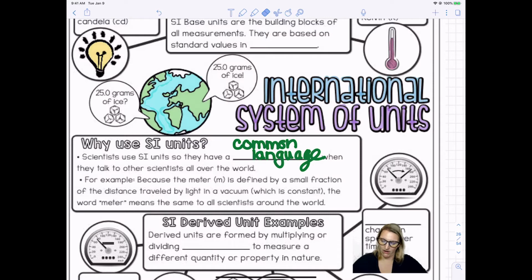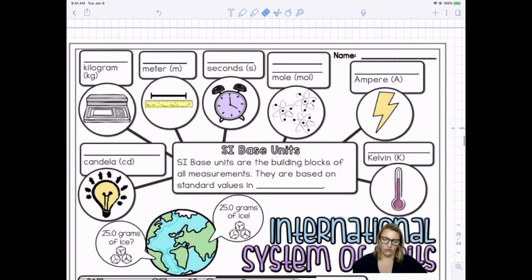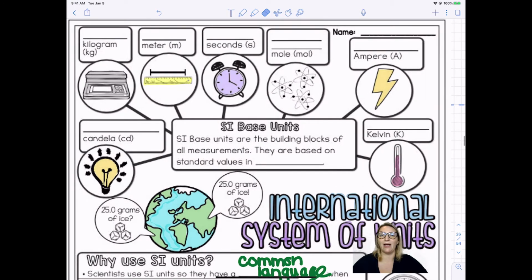So what are these base units? We call them SI, or System International. You know, in some languages, we change the placement of the adjective. So the SI base units are the ones that we just decided everything is going to be based around, and we use metric prefixes to modify them.